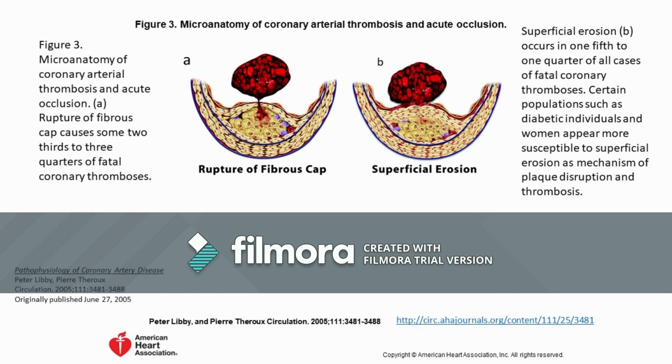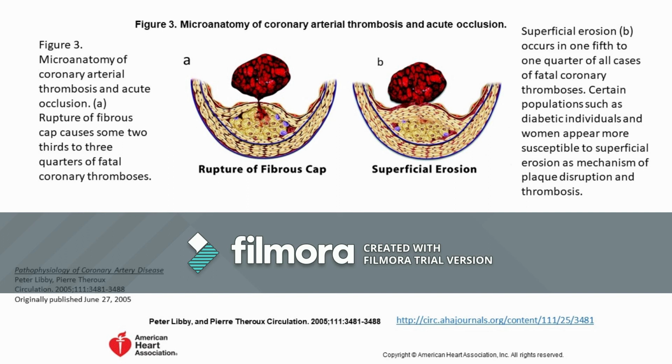In this figure, you see the rupture of a fibrous cap, which is part of the microanatomy of coronary arterial thrombosis and acute occlusion. The rupture of the fibrous cap causes some two-thirds to three-quarters of fatal coronary thrombosis.